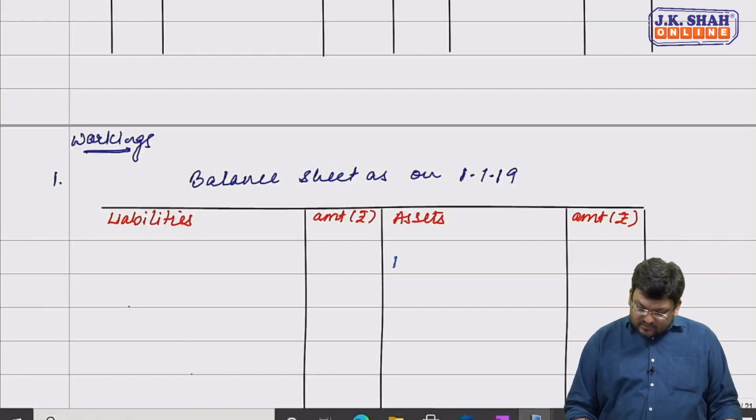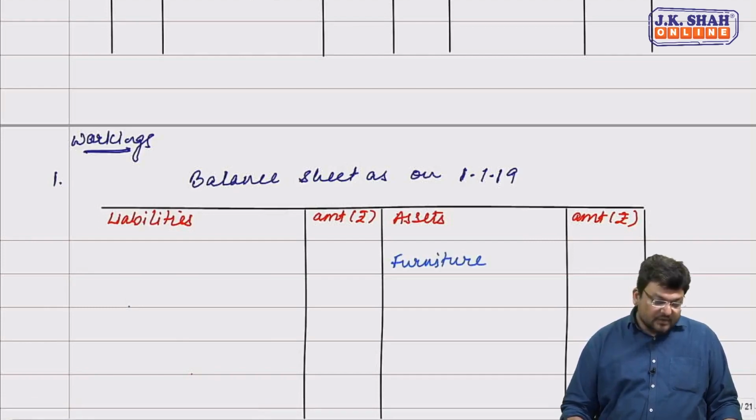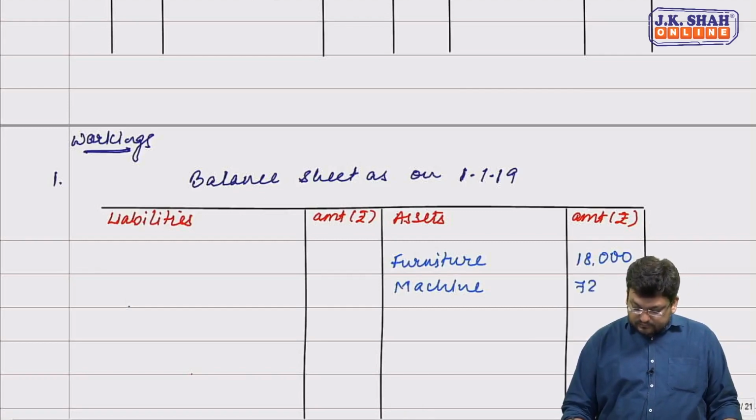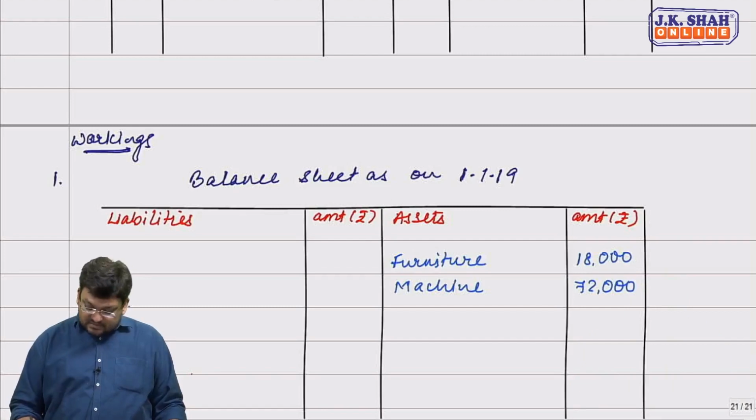We are given information for furniture. Furniture is 18,000. Machines 72,000. Cash balance is 10,000.